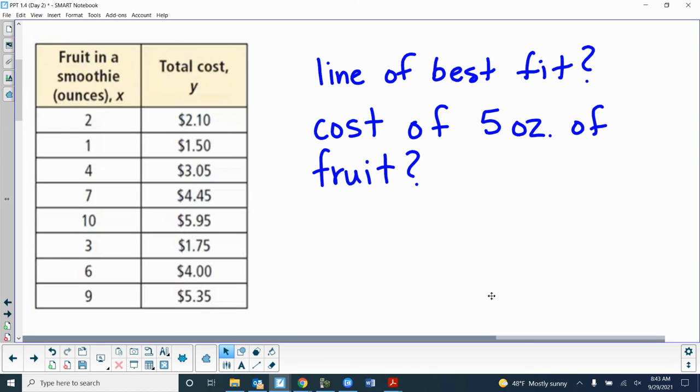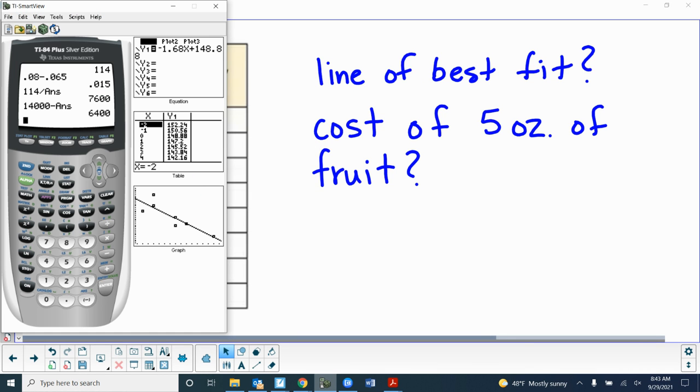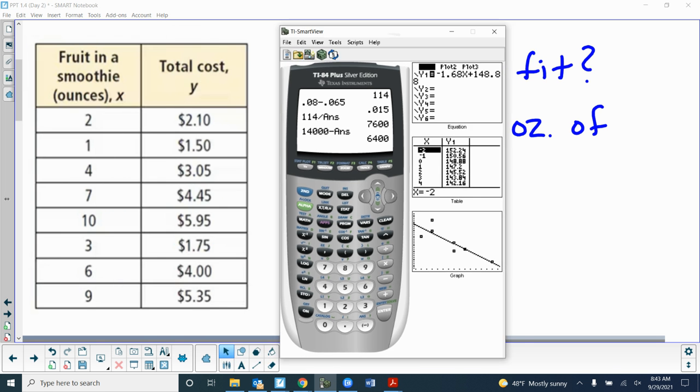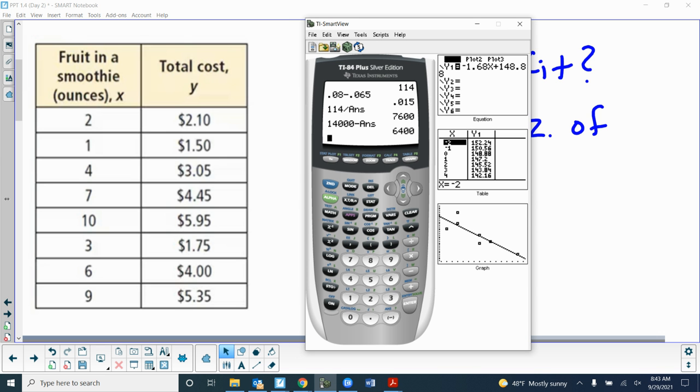All right, and this was an example we already had worked on, but how do I get my data put in? Anybody? What button? Stat, thank you. And then just hit enter, right? All right, so I have different numbers. So how do I clear my list?